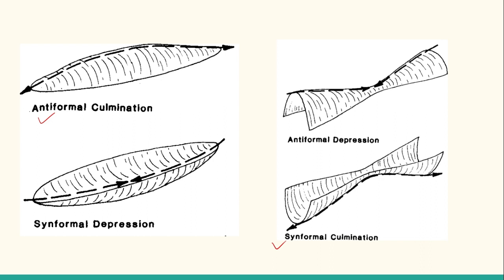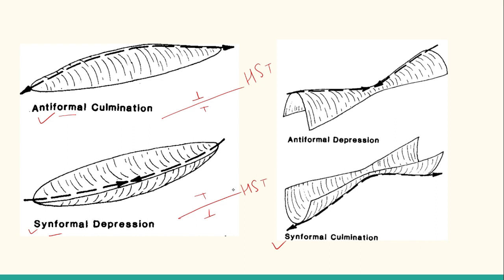Now these four are to be identified in a geological map. The first and foremost step will be identifying whether it is an antiform or a synform. For that we will use its generic definition: along an HST, which is the hinge surface trace, both of the limbs will dip away from each other in the case of an antiform, and towards each other in the case of a synform.